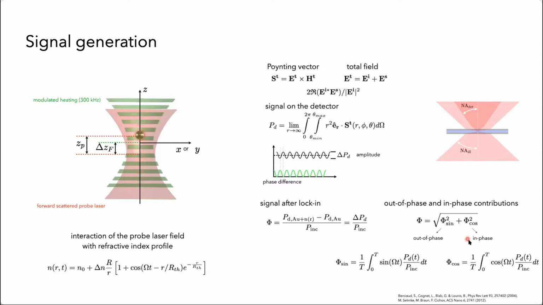One is the so-called in-phase component, because it has the same phase as the incident modulation. This is the cosine part, because the modulation was cosine. And there's also an out-of-phase component, which is the sine part. You obtain that from the lock-in detection by projecting the signal onto a sine or a cosine function and integrating over that. This is the way you obtain a signal even in a calculation.